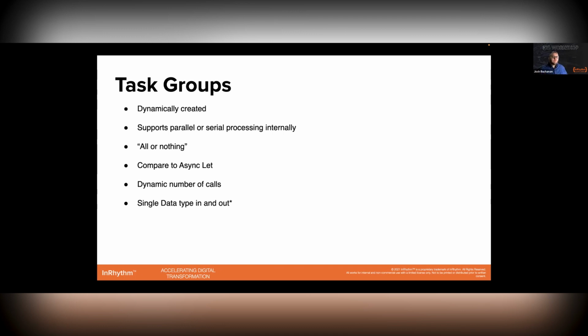It's possible to do task groups and have different data types, but frankly, if you're looking to how to get around this when using task groups, you probably shouldn't be using task groups. So there are ways to get around it. I'm not saying you should never do it, but if you're looking at, okay, how do I get around this? You should probably just be using async let instead. This will make a little bit more sense here in just a second.